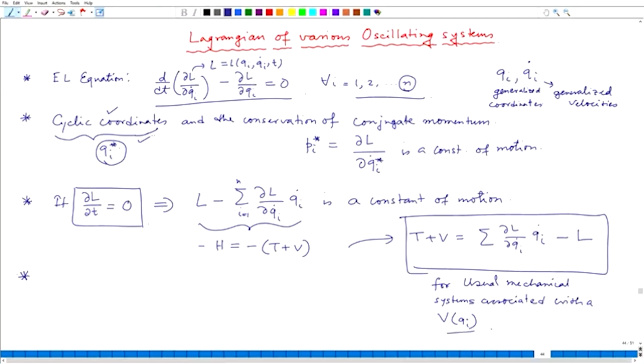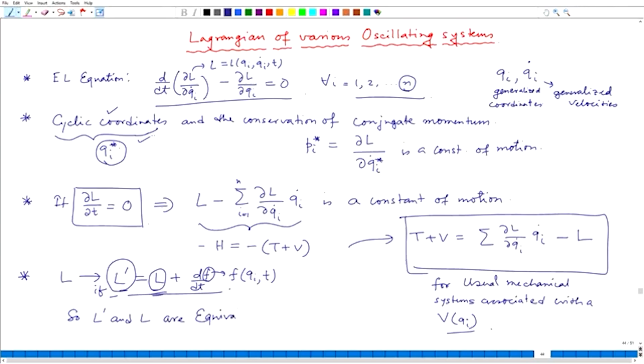Then we said that if my Lagrangian is mapped to another Lagrangian, L prime, which is the old Lagrangian plus d/dt of a function f, which is a function of the generalized coordinates and time, then if L is a valid Lagrangian for a given system, L prime will also be a valid Lagrangian of that system. So L prime and L are equivalent Lagrangians.